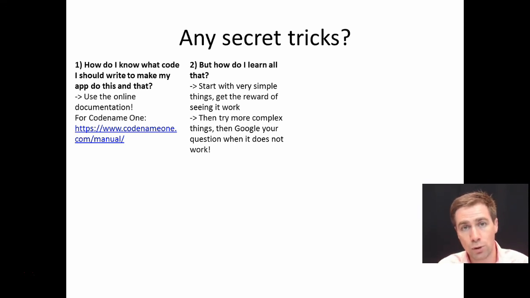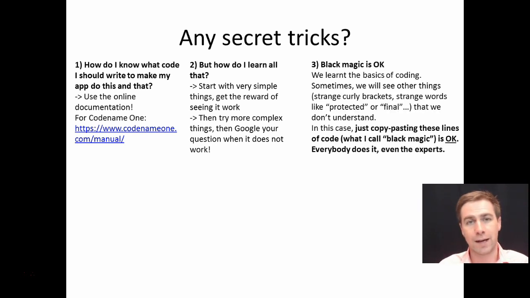And then the more features you want for your app, the more complex code you try to write. And here you will have issues, problems, bugs, but again, if you make small progress, you're going to be encouraged to Google for answers, ask for help, etc. So it's start simple and move slowly.